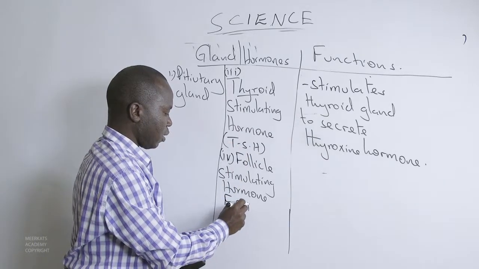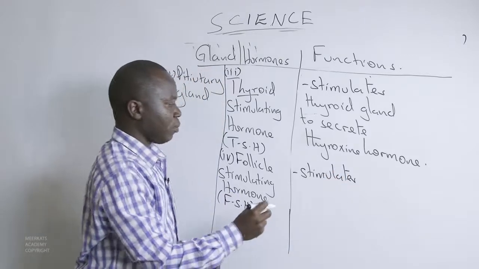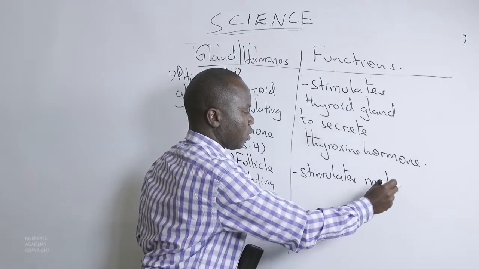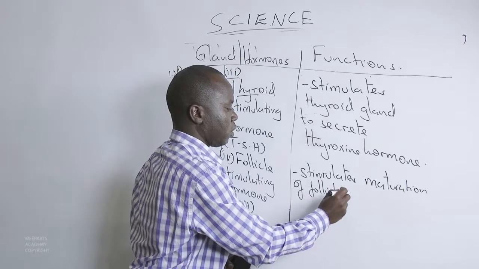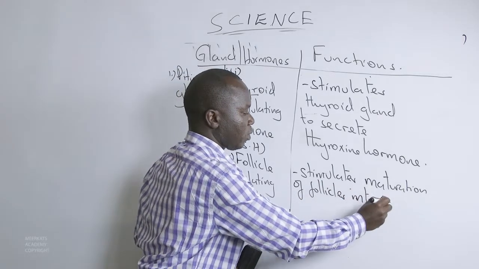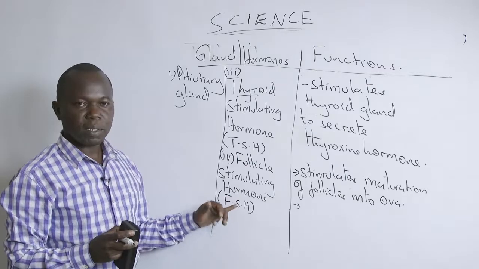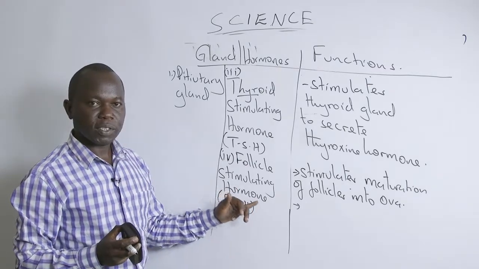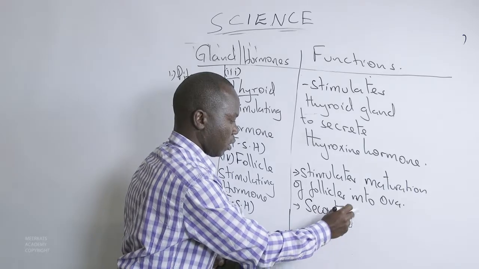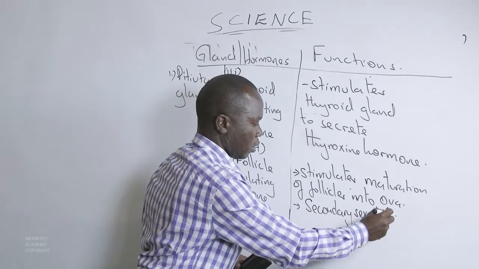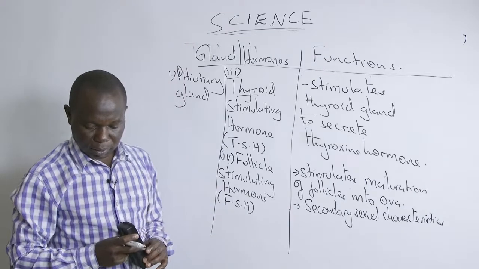Follicle stimulating hormone stimulates maturation of follicles so that they form ova. But apart from that, follicle stimulating hormone also brings about development of secondary sexual characteristics.